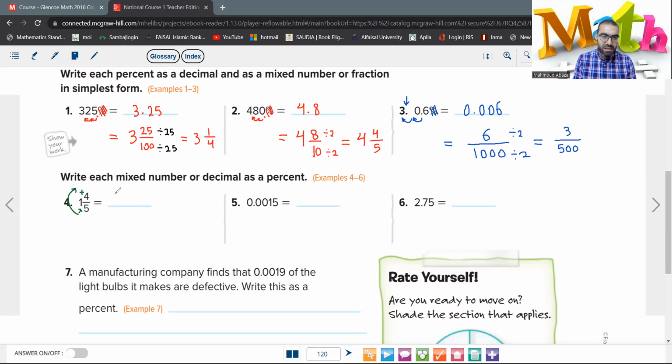So this is 9 over the same denominator 5. Multiply by 20 up. Multiply by 20 down. To get denominator equals 100. 9 multiplied by 20 is 180. So finally, this is 180%.